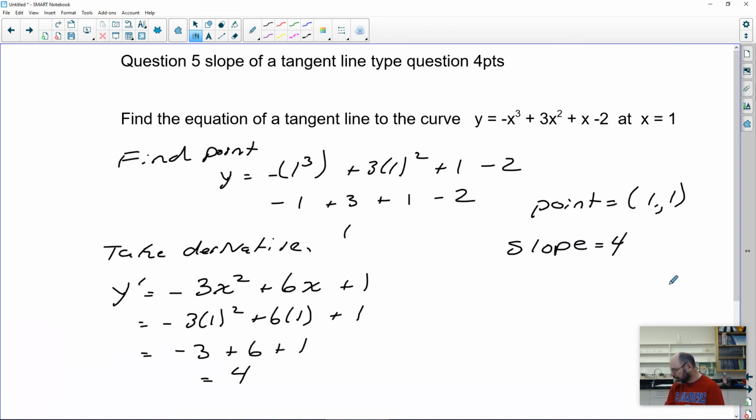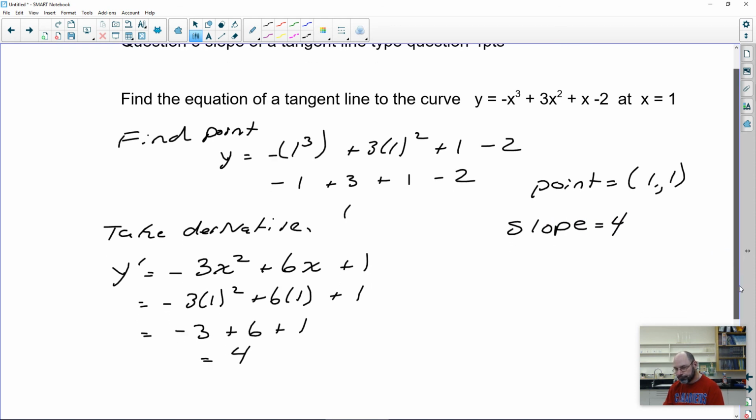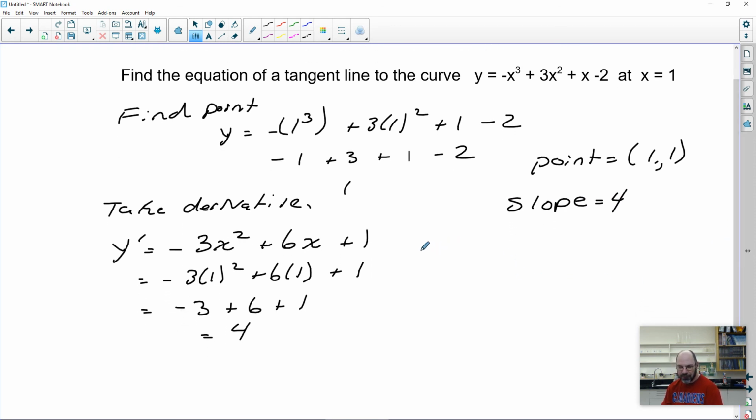Okay, and finally, we then use the equation of the line to calculate or find the line. So this is where y minus y1 I didn't put on the formula sheet, so hopefully you added it. Okay, so our point is (1, 1).